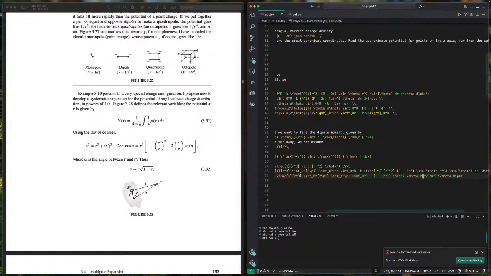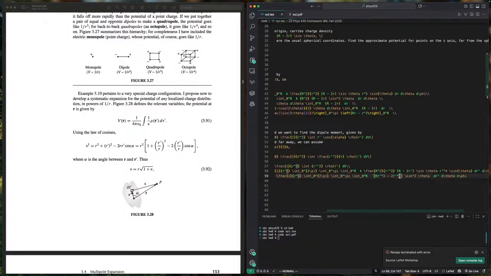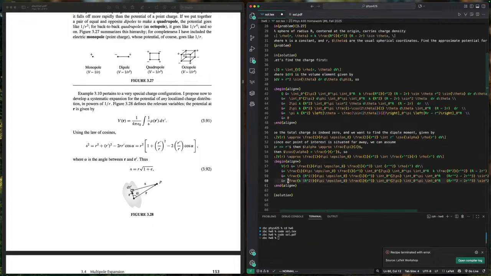Okay, and then we can also absorb this into r prime squared, r prime to the cubed power. Okay, and then we separate the integrals. So 2 pi d phi, 2 pi sine squared theta d theta.